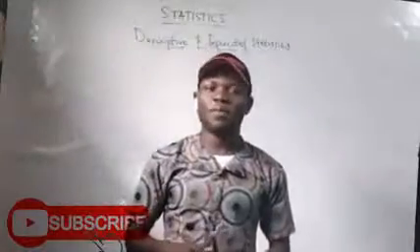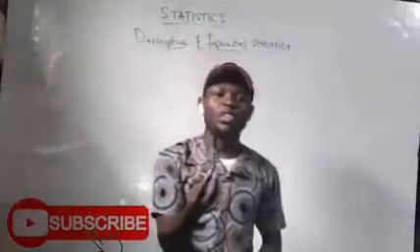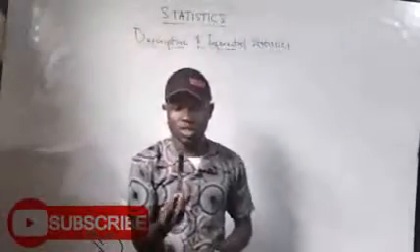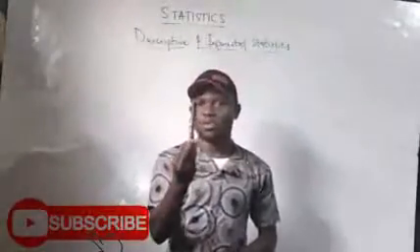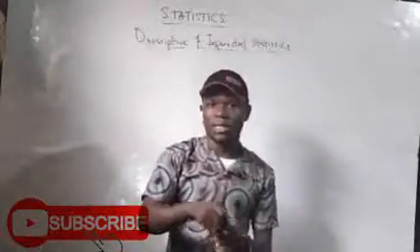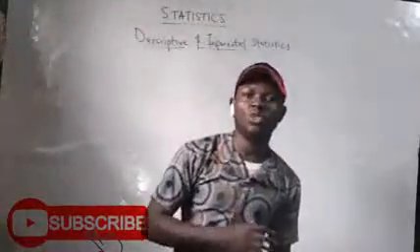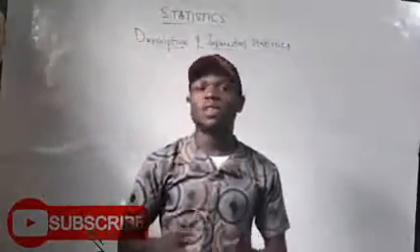For instance, if I brought a marker to you and asked you to describe it, then you will just switch to describing the character of this marker to me. For instance, okay, it has ink, it has this, it has that. Now, the moment you are describing a particular entity, you are automatically doing descriptive statistics.